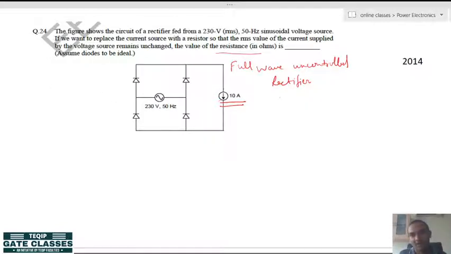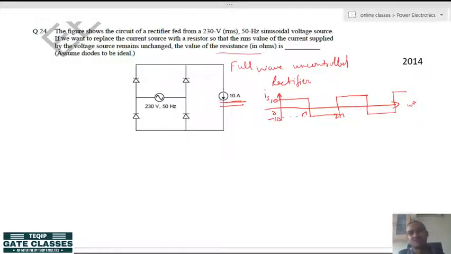If you remember, for an uncontrolled full wave rectifier in constant current or CCM mode, the source current flows like this. It is 0, pi, 2 pi and so on, and its value, since here it is 10 amperes, is plus I naught and minus I naught, meaning 10 above and 10 below.